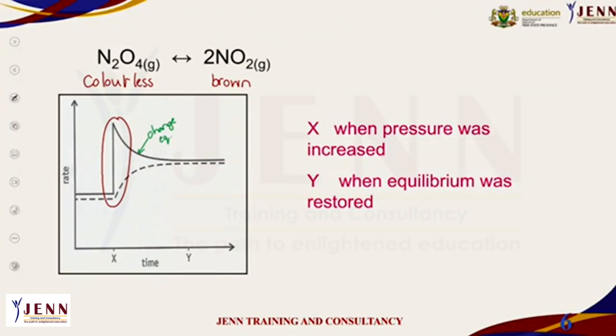Please, boys and girls, just remember when we get to concentration, you can change one gas at a time. So you can add some nitrogen into the system, or in this case, you can add some N2O4 or you can add some NO2 into the system. Then there's going to be a concentration change of one of them. But if I change the pressure, I change the pressure of the system.